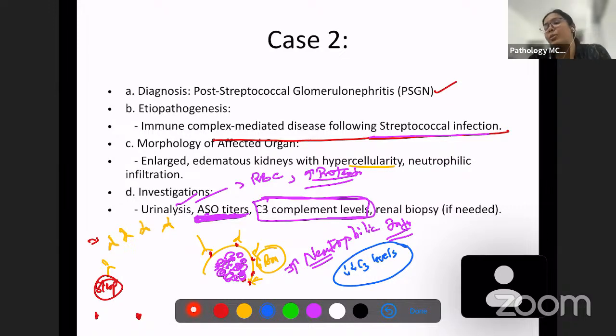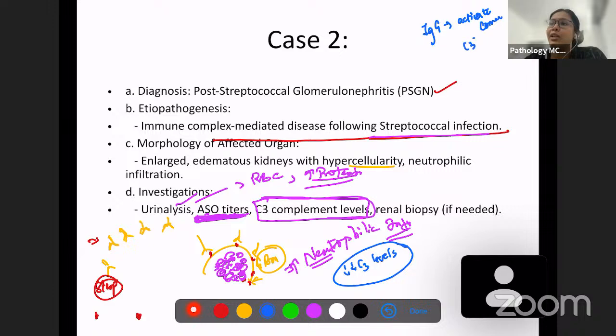Why decreased complement levels? Because antibodies are being produced. What does antibody do ultimately? We know that antibody, IgG antibody, can activate complement. So what is the major part of complement?